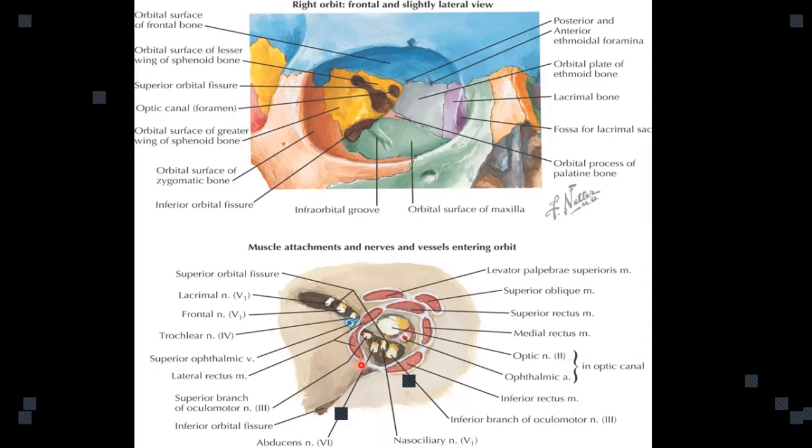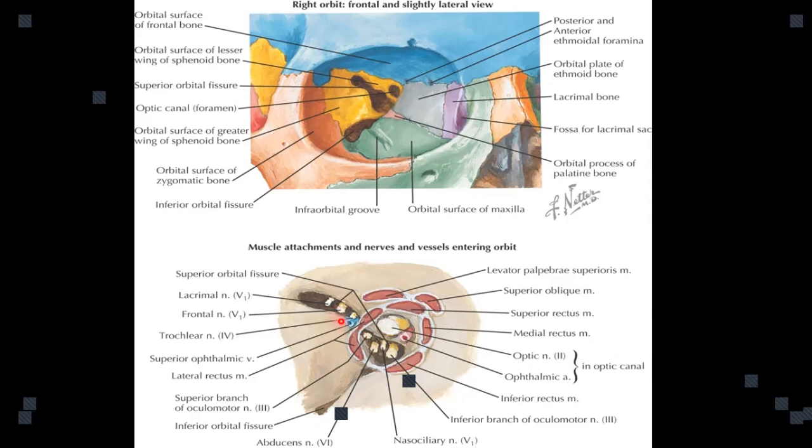This common tendinous ring is a ligamentous structure from which the straight muscles of the eye take origin. So the straight muscles of the eye are the recti muscles. Okay, so we have some structures which pass through the superior orbital fissure here. Some pass outside the common tendinous ring, while others pass within it.